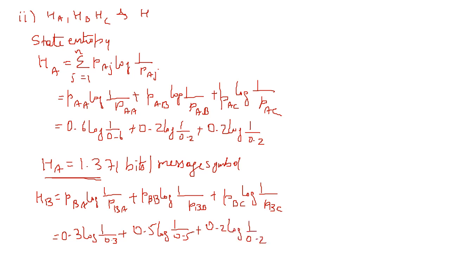After substitution, we'll get HB equal to 1.485 bits per message symbol. Okay, so this is the value of your HB, that is second state entropy.